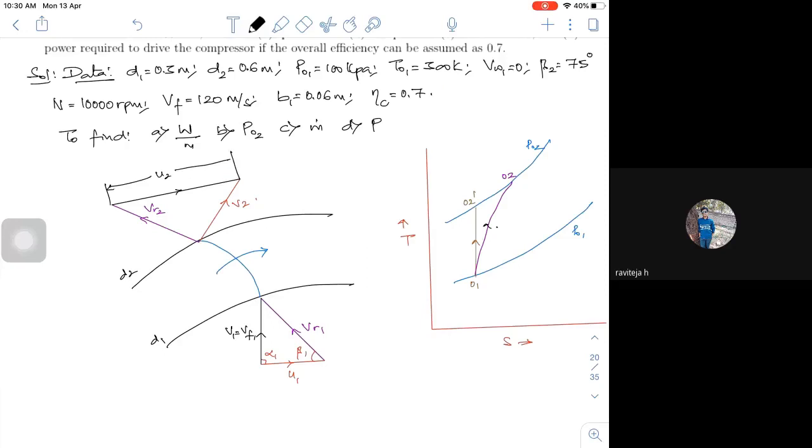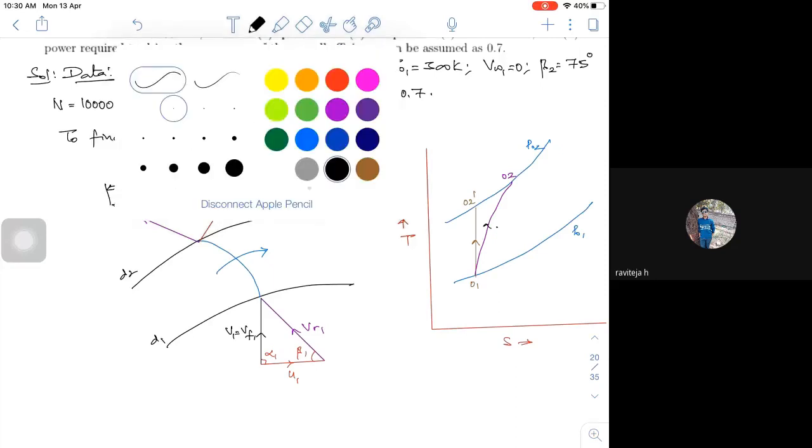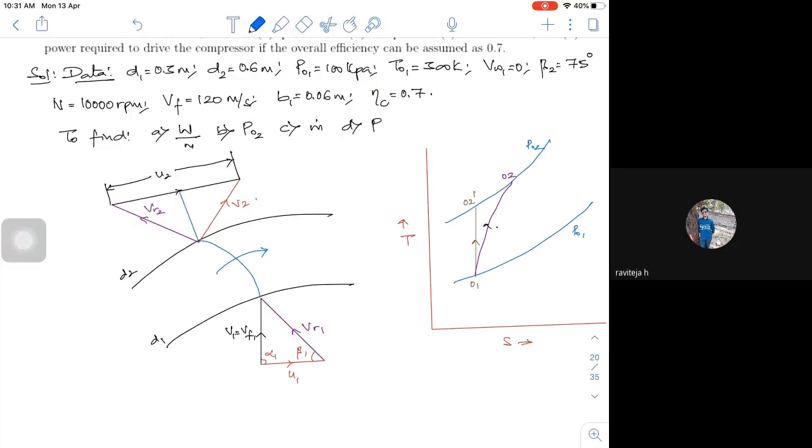And I can draw the corresponding VF2 like this, which is perpendicular here, and this is my VW2, this is my beta 2, this is my alpha 2. So these are the corresponding velocity triangles for the given conditions.